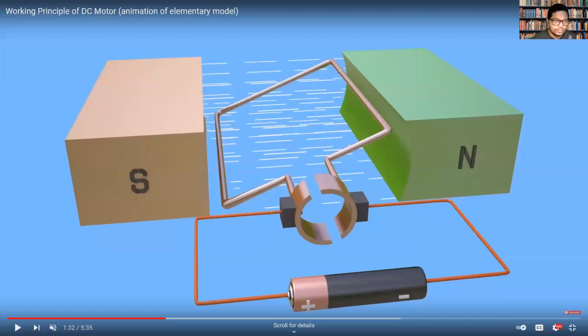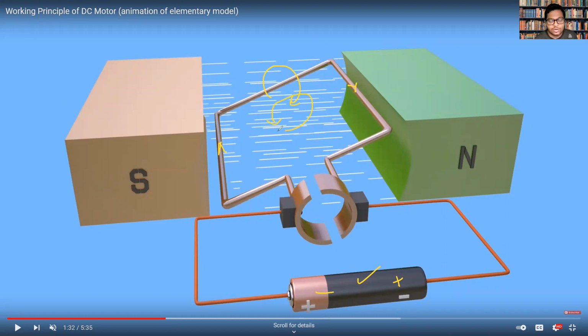So in this particular image that you have, the current is flowing in such a way that this coil is turning clockwise. Now, if I change the polarities of this battery, I reverse it, I keep negative here and positive over there, then the coil will start rotating in the opposite direction.